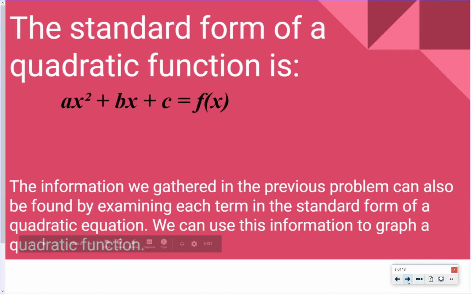So the standard form of a quadratic is ax squared plus bx plus c. We're saying equals f of x. That means it's the function. We're graphing it now. But that's the same thing as saying equals what? F of x is the same thing as saying y.